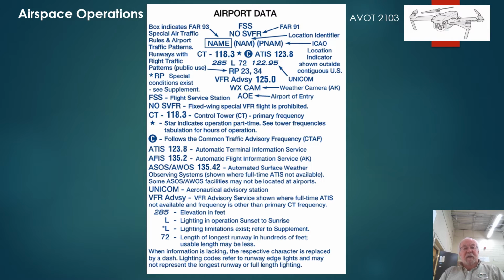That means it's right-hand patterns, non-standard. You go down the string, you see the little circle with the C inside of it, common traffic advisory frequency. Also elevations, see the symbol for elevations, length of the longest runway, does it have lights? Any kind of question you might receive, you could look in the legend and go, oh, there it is. I remember what that is. Because you ought to be familiar with it. We've talked about it in the past.